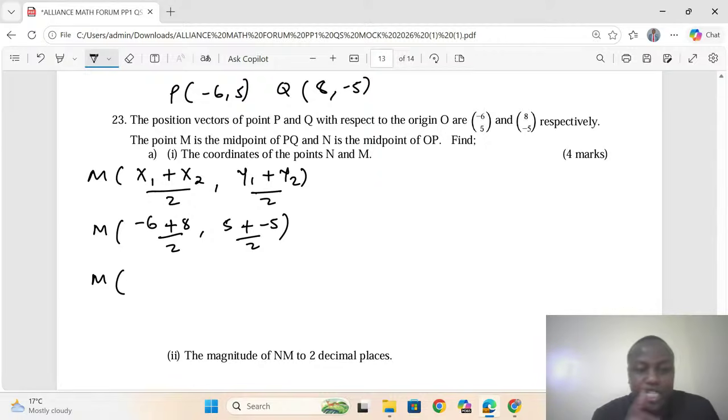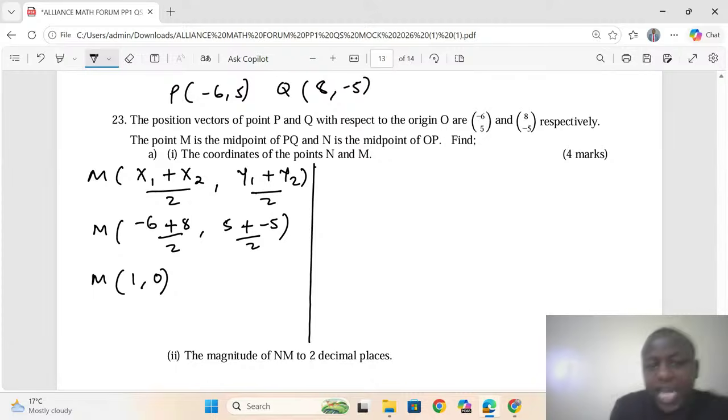So this midpoint shall be given by negative 6 plus 8, we get 2. 2 over 2, we get 1. Negative 5 minus 5, we get 0. Over 2, it remains 0. So the position vector of M is (1, 0). What about N? N is the midpoint of OP. O is the origin, and P is here.